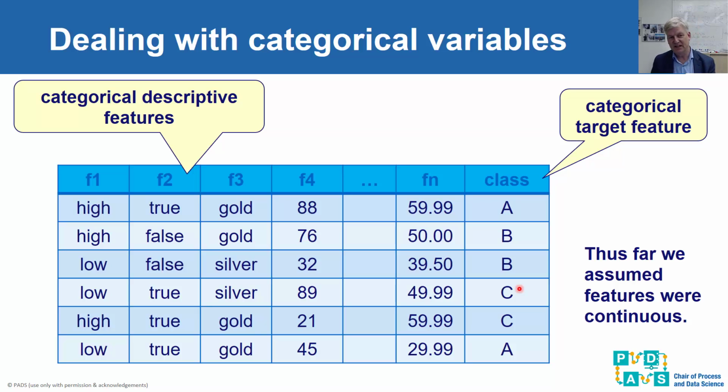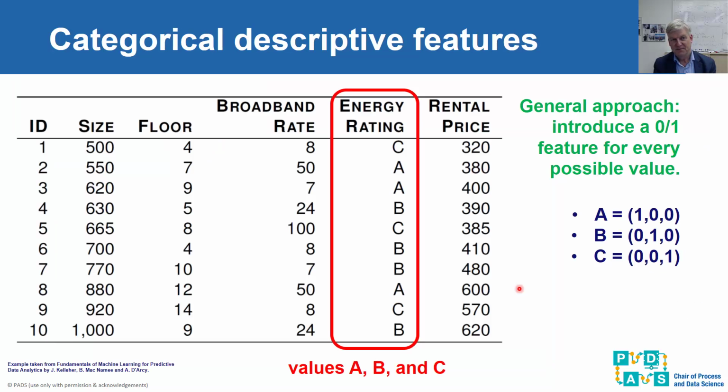We try to handle the situation that we now have categorical features. So if we look at categorical descriptive features, for example, I have energy rating here, apparently having possible values A, B, and C. Then the question is, okay, can we now do regression?